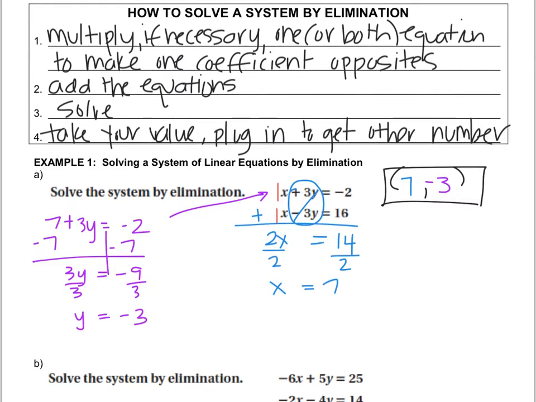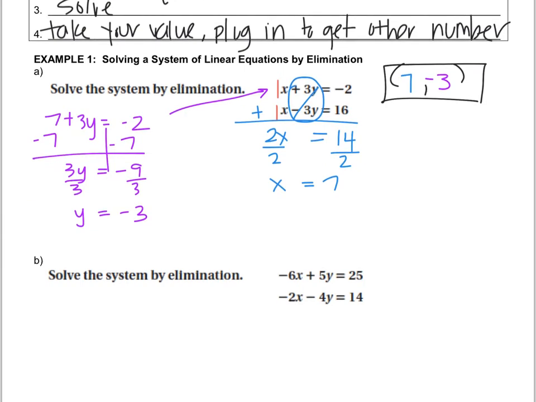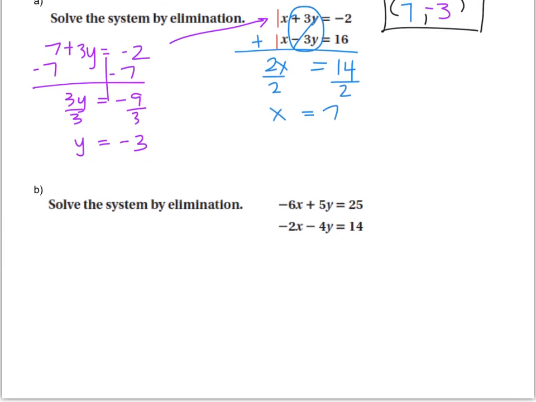All right, when we look at letter B, we are going to have to do that multiplication step. So let me show you how you would recognize that. You look at your x's, and I have a negative 6 and a negative 2, and those are definitely not opposites. Then you look at the y's. You have a 5 and a negative 4. Those are definitely not opposites. But then you think to yourself, how could I make one of them opposites?